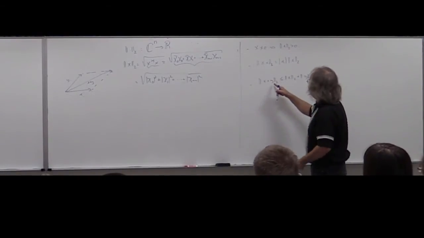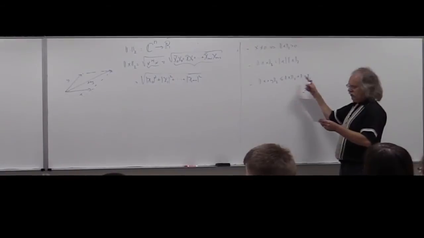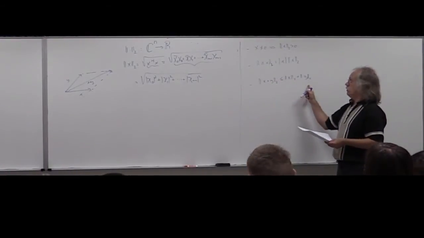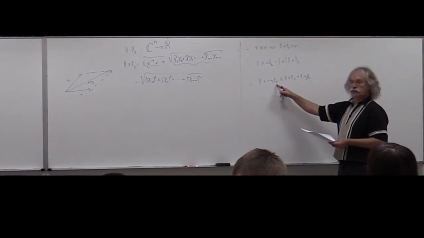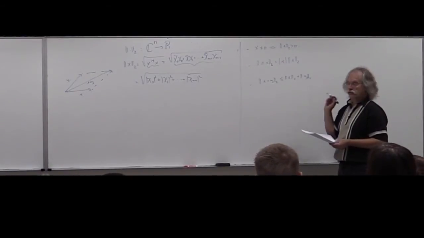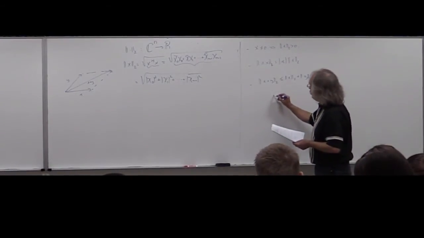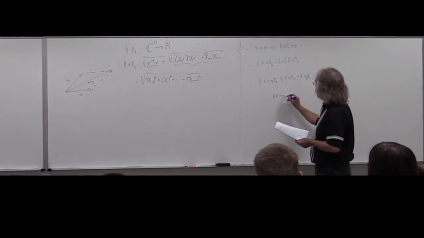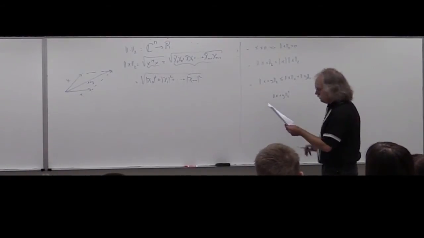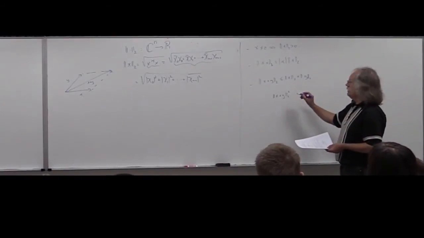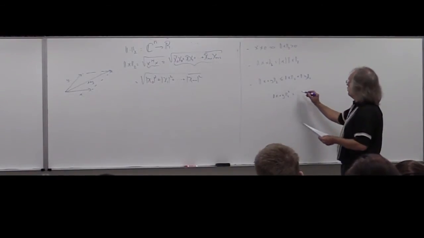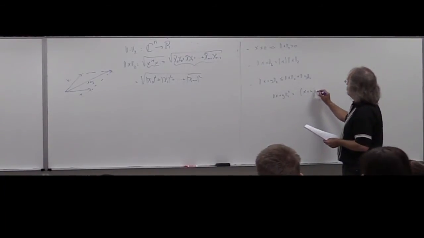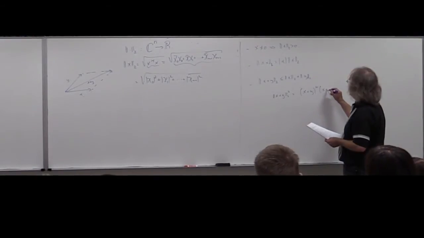And actually, often it's easier to look at the square of both sides when you're dealing with a norm, especially the 2 norm, rather than the norm itself. So what we're going to do is reason about x plus y in 2 norm squared, which by definition is just the dot product of this vector with itself.